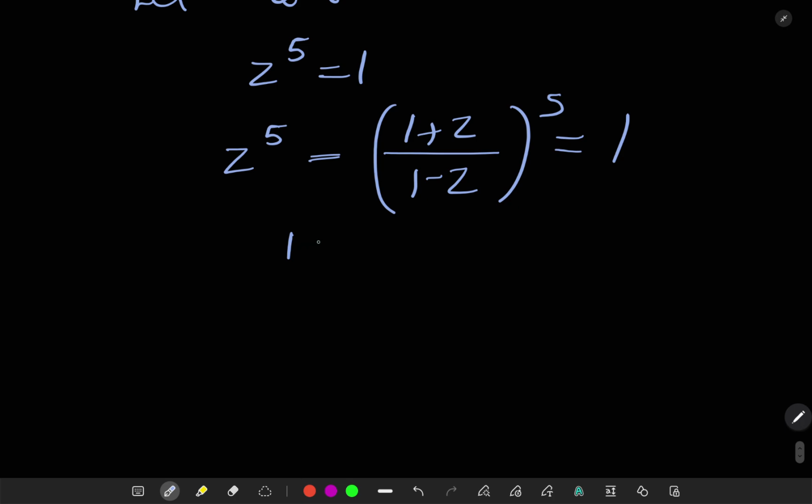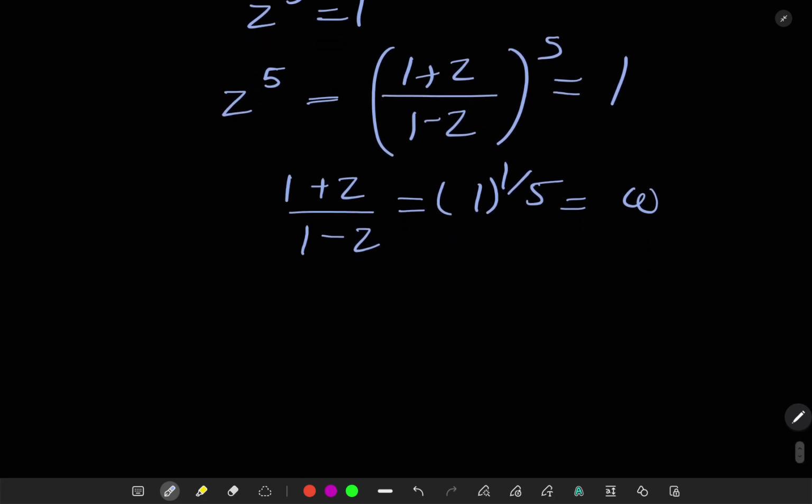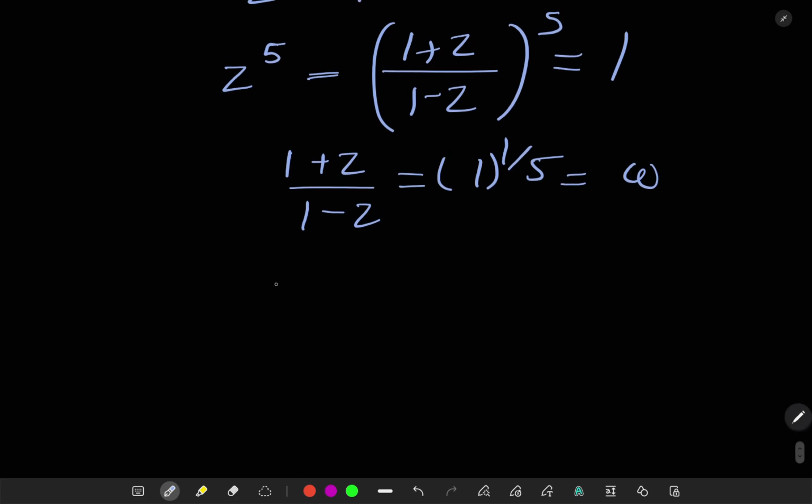So 1 plus z divided by 1 minus z equals to 1 raised to power 1 by 5, and which is equals to omega, as we let omega is a fifth root of unity. So z is equals to omega minus 1 over omega plus 1.